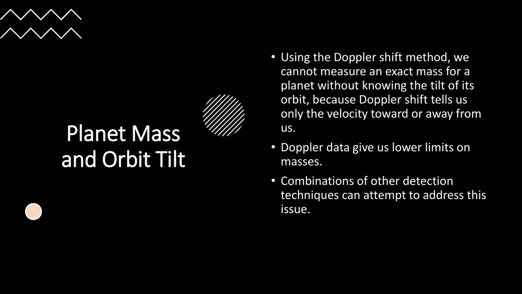But the plane of the orbit of the planet might be tilted from our line of sight, and so all we can really say is the lower limit of the mass of the planet. And if you are able to detect the exoplanet in several different ways, you can mitigate this kind of flaw in the Doppler shift method.